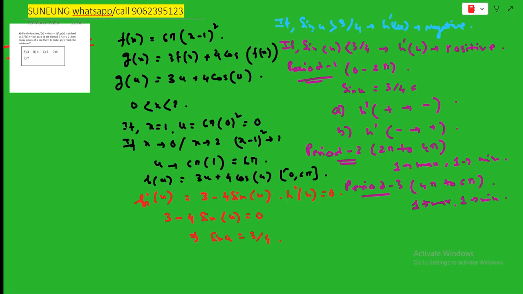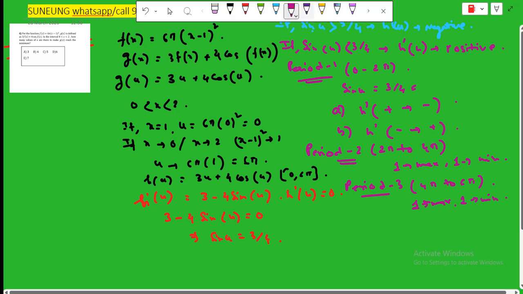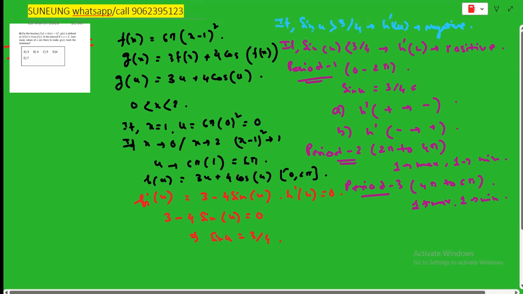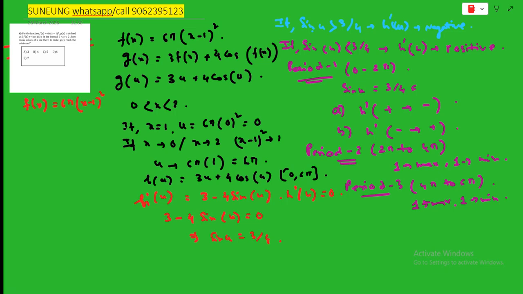So you might be tempted to scream the answer is 3 and run to the cafeteria, right? No, stop. The question asks for the values of x, not u. So look at our original function. What was that? Yes, that was f(x) equal to 6π(x − 1)².